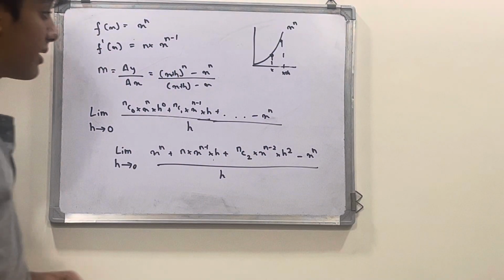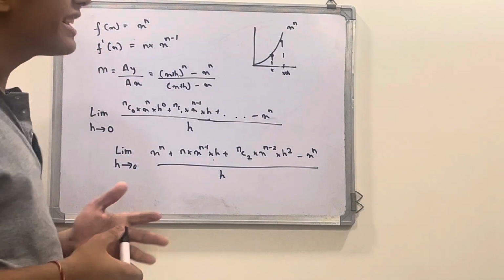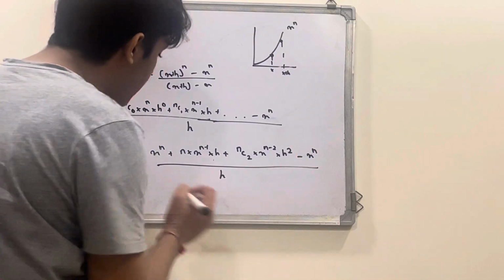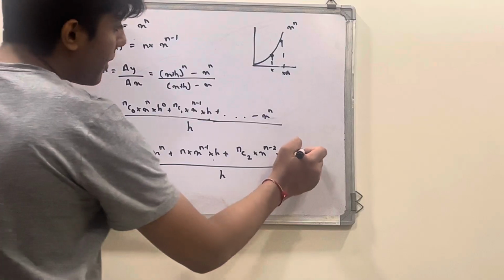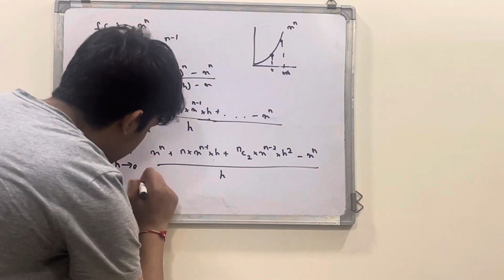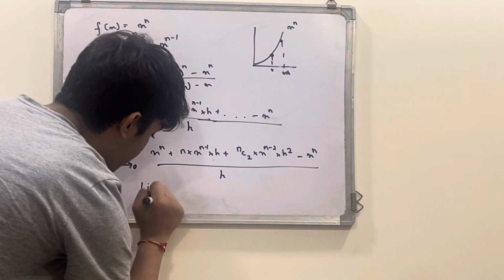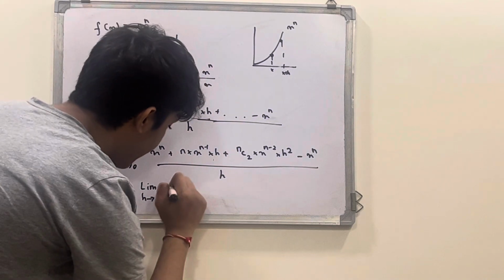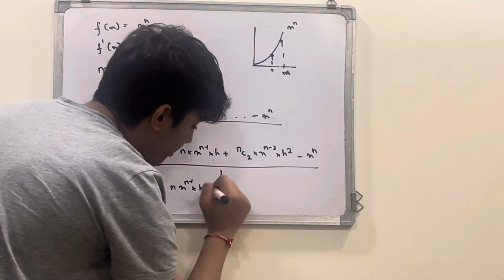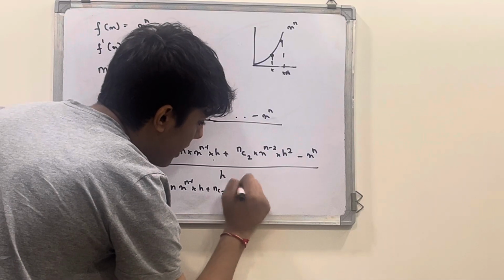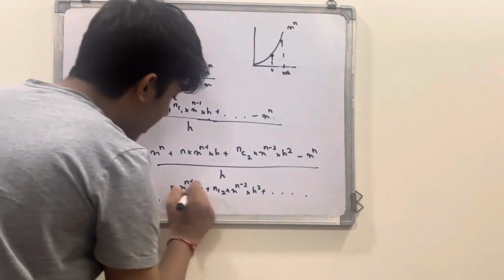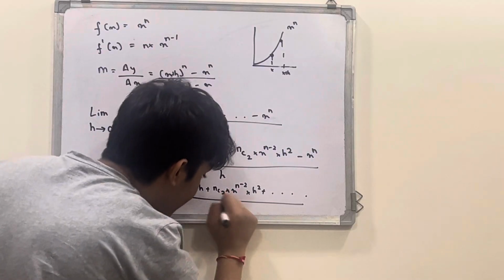Now here comes the intuitive, tricky, common sense part. x to the power n is here, x to the power n is here. Here it's positive, here it's negative. You can just remove them both. So your limit as h approaches 0 of n x to the power n minus 1 into h plus nC2 into x to the power n minus 2 into h square plus and so on, the entirety divided by h.